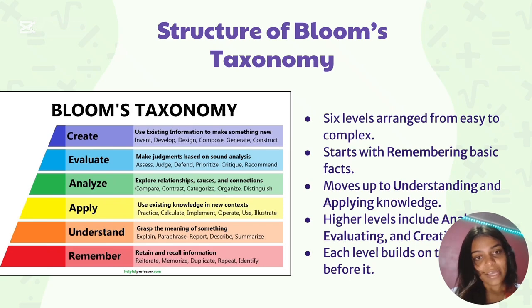The high-level analyze, evaluate, and create require deeper thinking and more independence. Each level builds on the one before it. It helps students to grow step by step in this process. So without Bloom's taxonomy, our lesson may not keep in mind or fulfill all of our objectives.